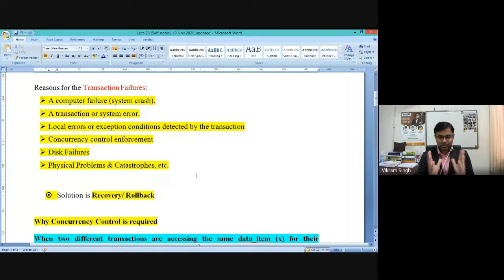Whenever two users are accessing the same data item, they might perform read and write, write and write, something like that. One user is able to perform two operations, read and write. The second user is also able to perform read and write on the same data item. So there might be a situation of conflict. Conflict means the two users with their two operations are contending for, or accessing, the same data value.